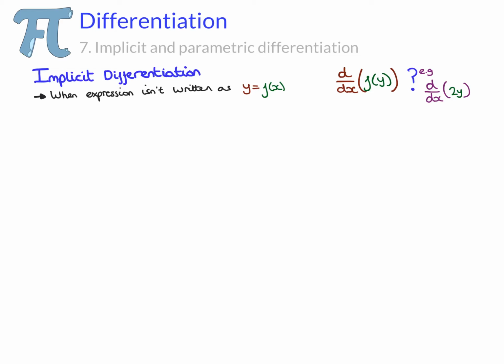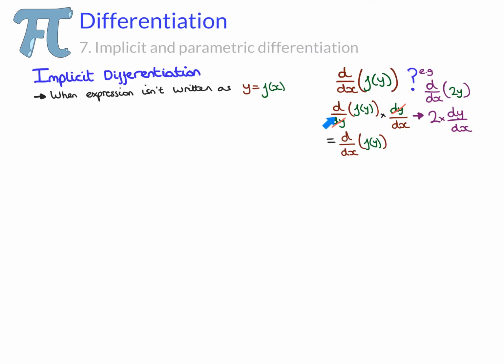The answer relies on the chain rule. First, we differentiate the function with respect to y, and then we multiply it by dy/dx. This cancels the dy's and leaves us with what we want.